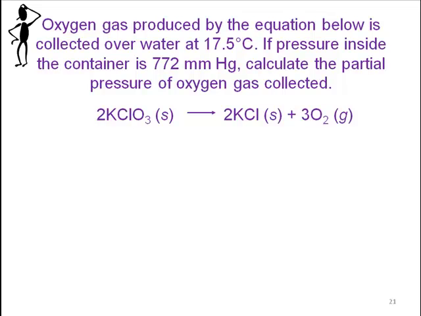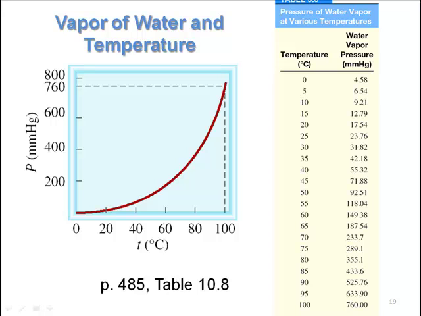The first thing we might have to do is look up what? Okay, the pressure due to the water, because you're going to have what things as gases? You'll have oxygen and what? The water vapor. So if we go back and look at the water vapor, we were at what temperature?